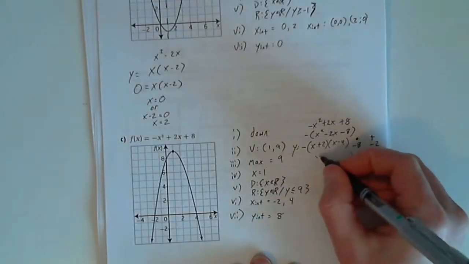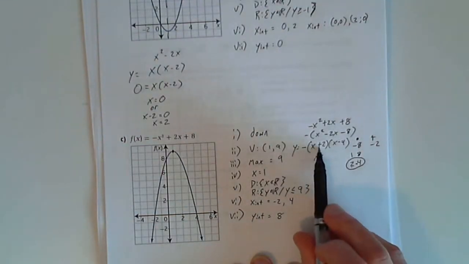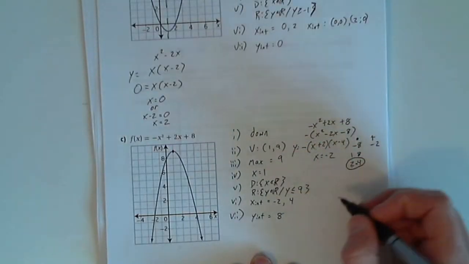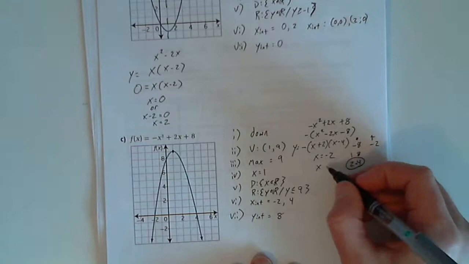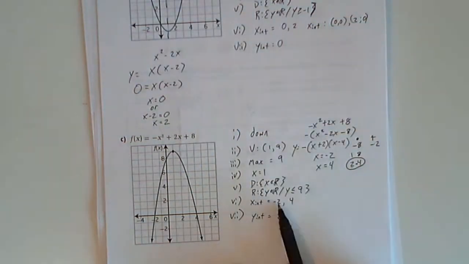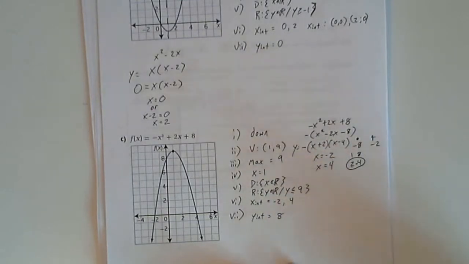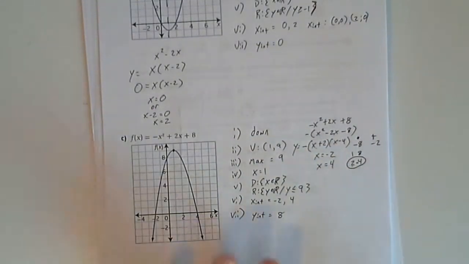Well, my two numbers I could sub in, if x were negative 2, this would become 0. That'd be one of my solutions. And also if x was positive 4. And that is indeed our two roots. So we should be able to do it with the original equation from standard form if we factor it into factored form.